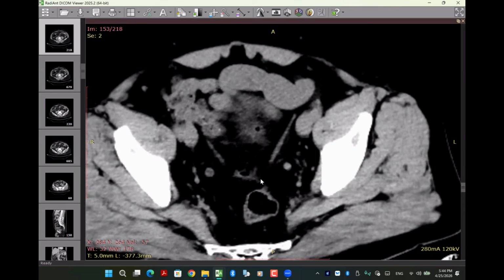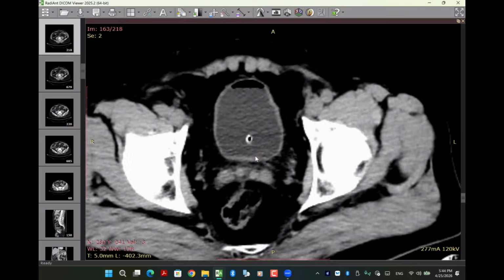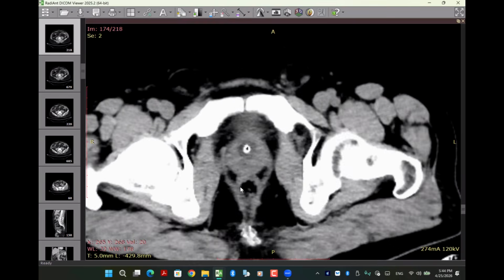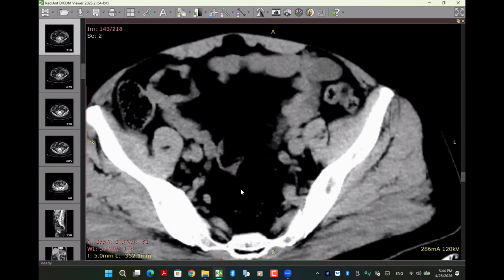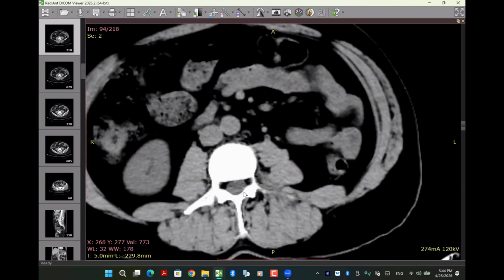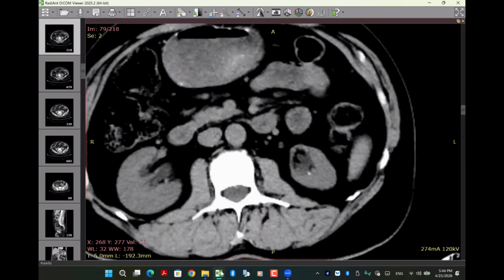Then he developed hematuria, and they started to investigate the hematuria and found this. This patient also has a history of multiple previous urinary tract infections. So this was carcinoma of the left ureter, multi-segmental.